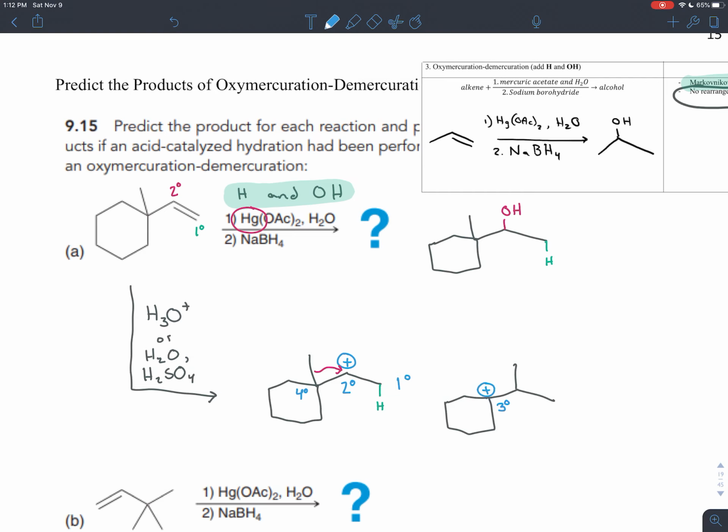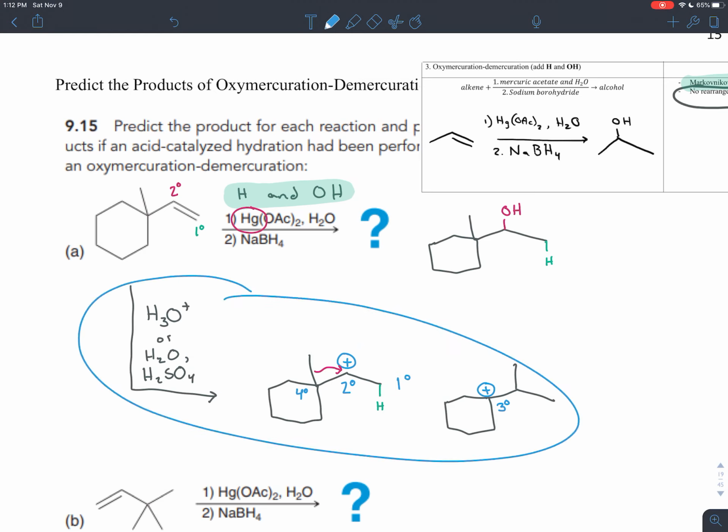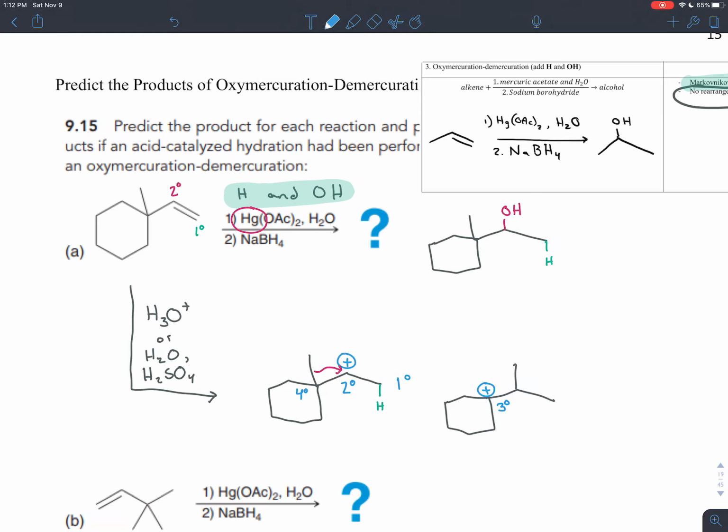So that is a tertiary carbocation. That carbon is bonded to 1, 2, 3 other carbons. It's tertiary, which is more stable than the secondary. So with acid-catalyzed hydration, you get this rearrangement, and the OH ends up attacking, really water ends up attacking that tertiary carbon, the OH ends up adding here.